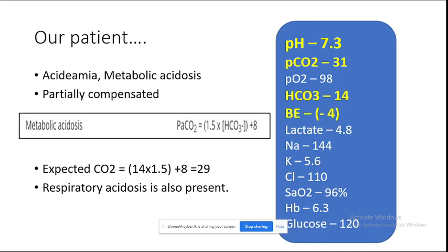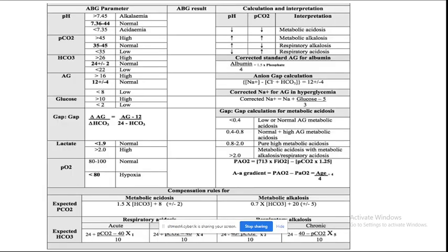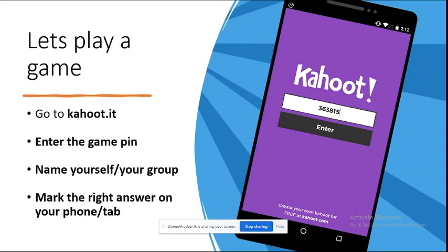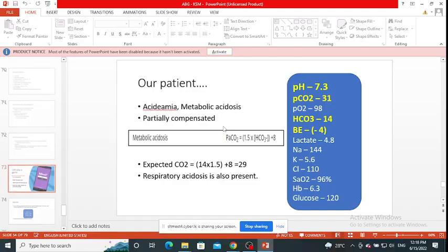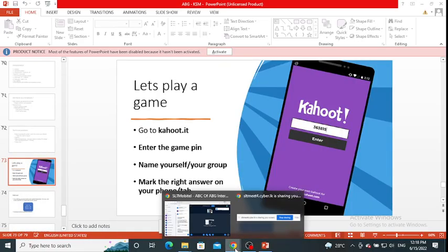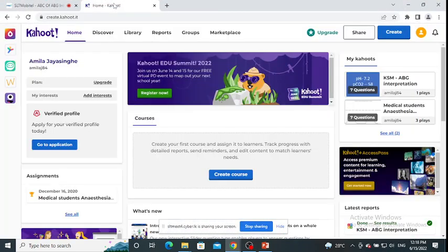Sorry for that. So we are now going to play a small game. I would like if you can join Kahoot.it with your mobile phone.